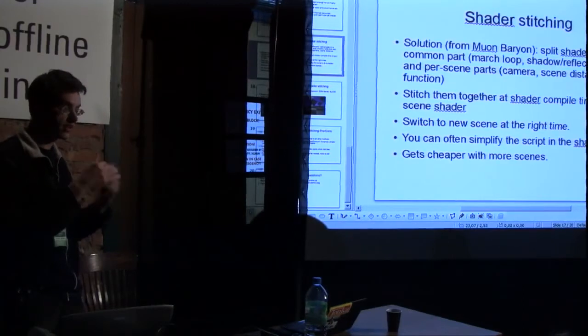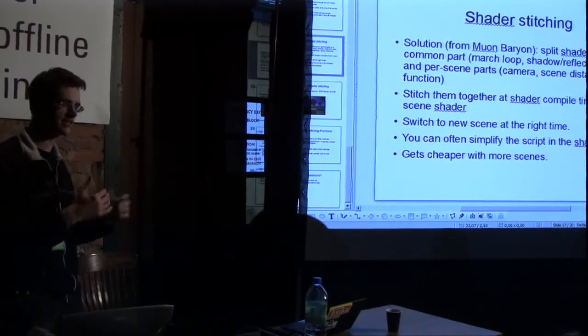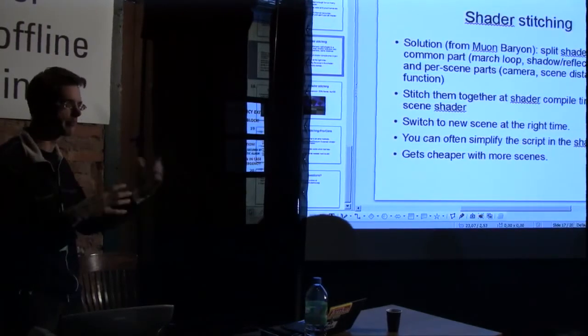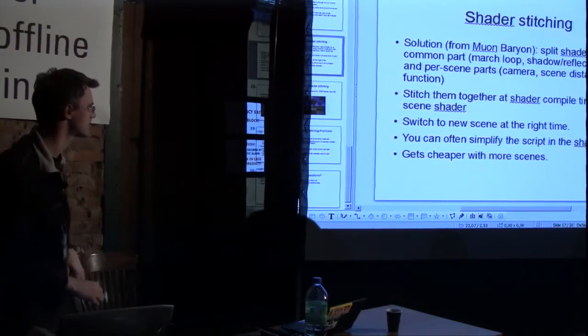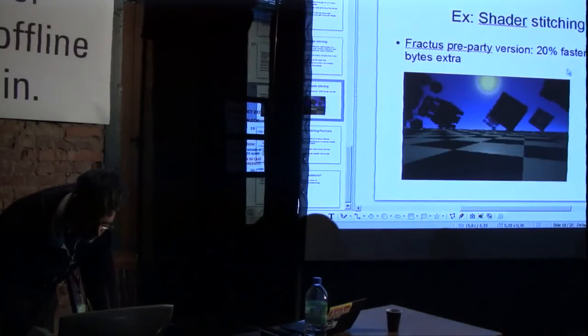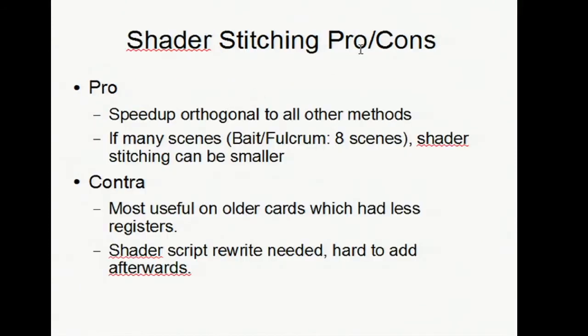Often that also means you can simplify the code in the shader, which offsets the extra work you have to do and the extra bytes your launch code takes. I actually tried that for my intro last year, which made it 20% faster, but also 80 bytes bigger right before the deadline. So not in the final version.